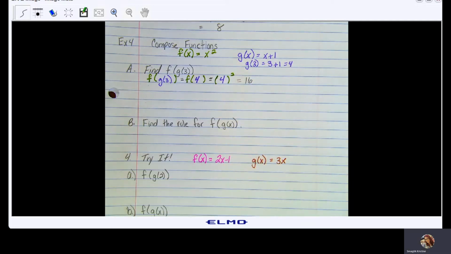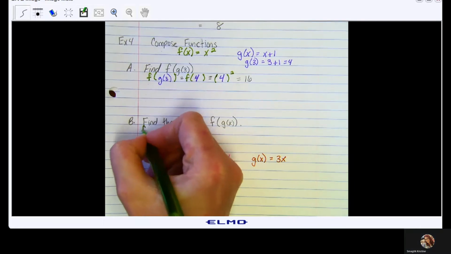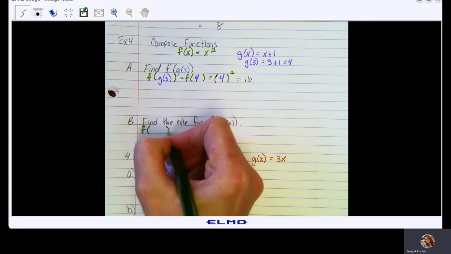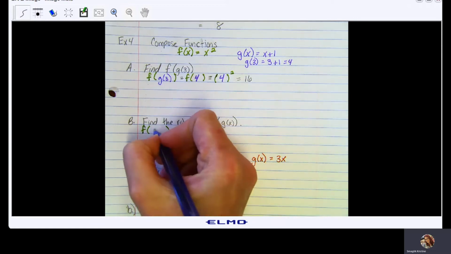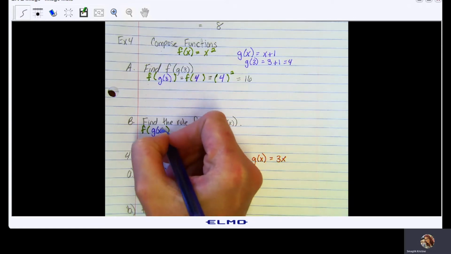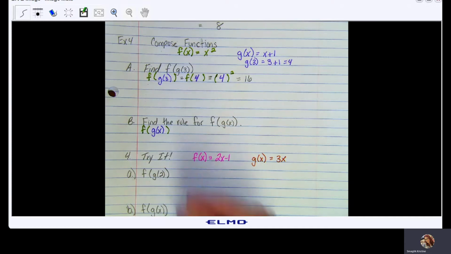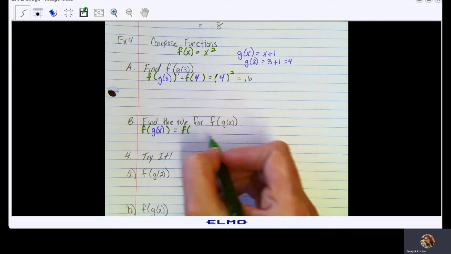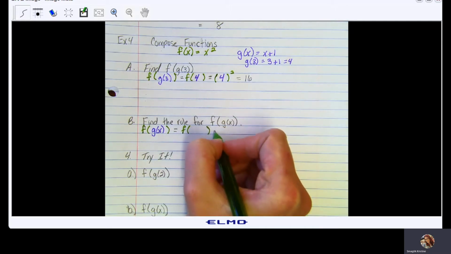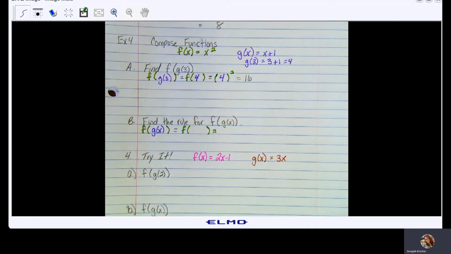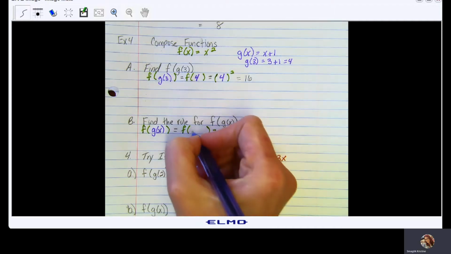We're going to take my function f, and my input is going to be the entire function g of x. So this is f, and g of x is x plus 1. So I am looking for f of x plus 1.